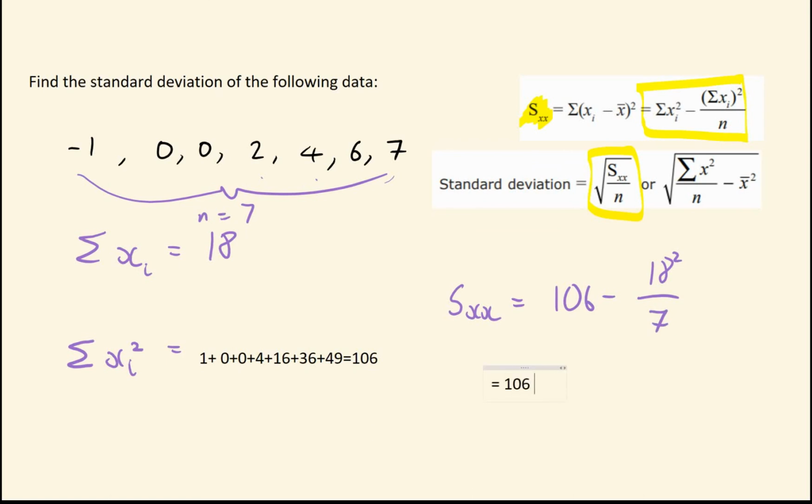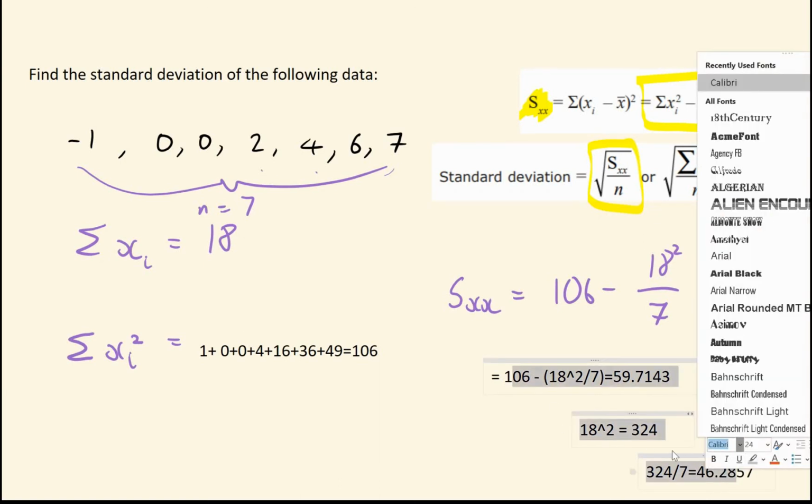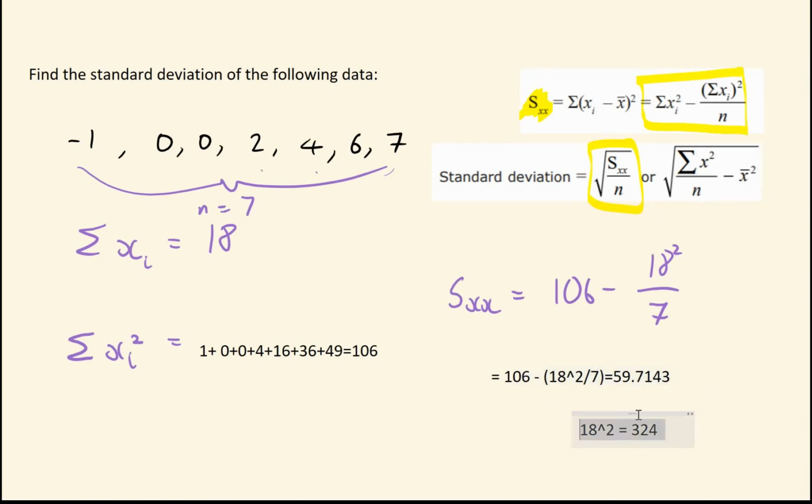So that's going to be 106 minus 18 squared divided by 7, which gives me 59.7143, which I think is right. So let me just check that quickly. Yeah, that's fine. Sorry, these calculators sometimes don't do big maths properly and kind of break things.